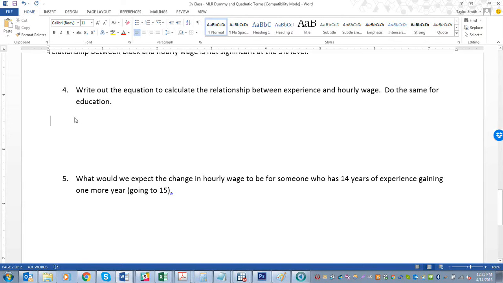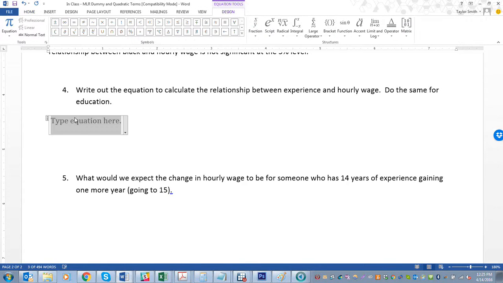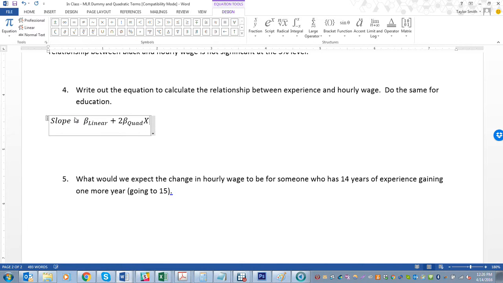about in class. And just to remind you what that slope formula is, I'm going to type it right here. That slope formula, slope was equal to beta, underscore linear, plus 2 beta quad times x.